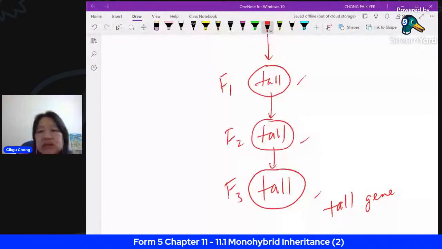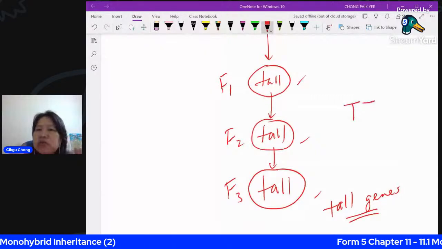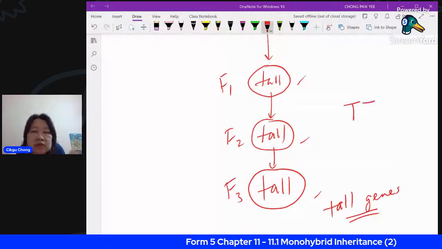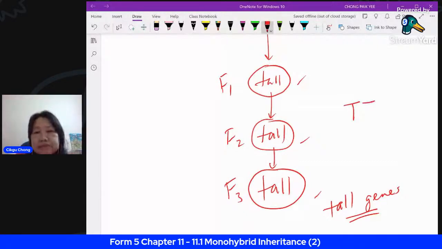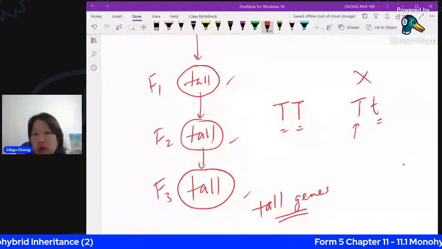So if it only carries tall genes, I can conclude that both alleles must also be tall alleles. It is not of this type, because this one is a recessive. This is, let's say, dwarf. Mendel has found that tall is dominant, and this is dwarf.